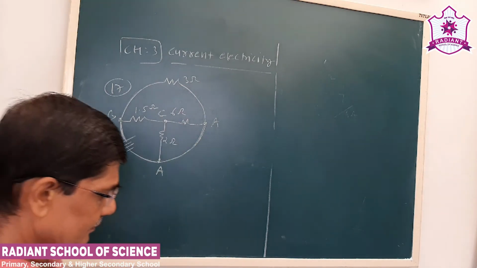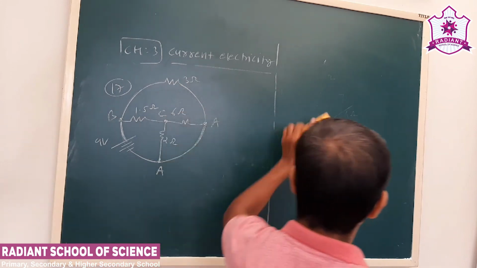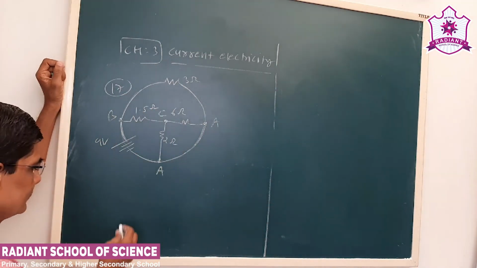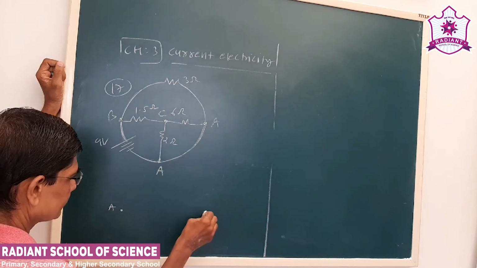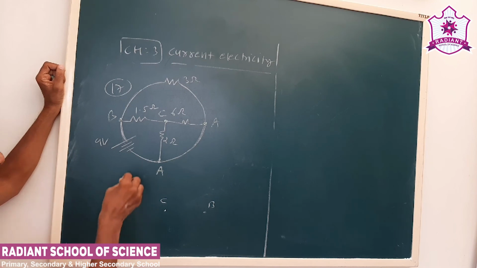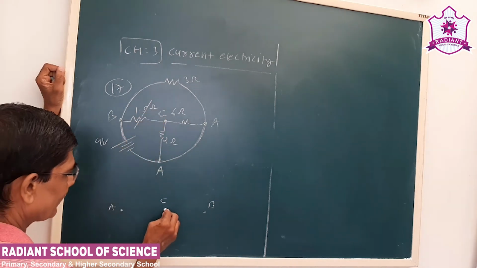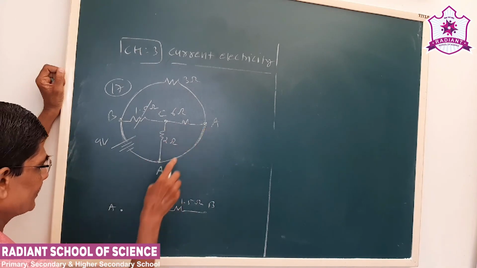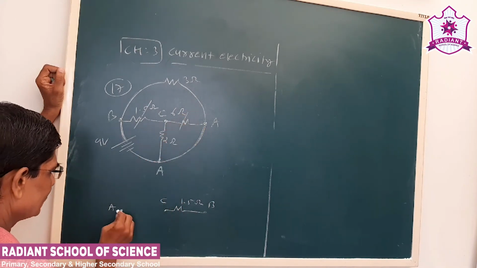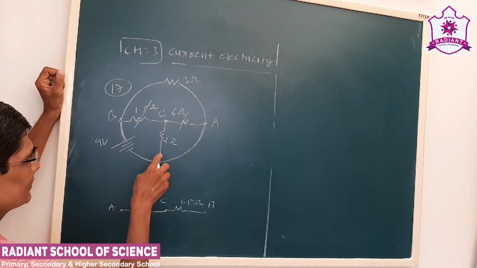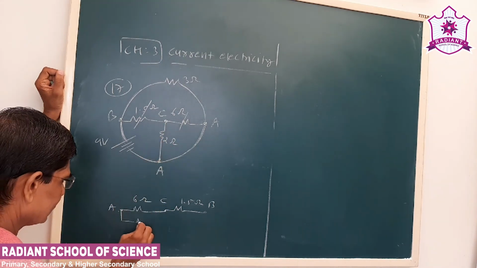Now we draw the equivalent circuit. We have got 3 points A, B, and C. Between B and C there is a 1.5 ohm resistor. Between A and C, a 6 ohm resistor. Between A and C, again a 2 ohm resistor.